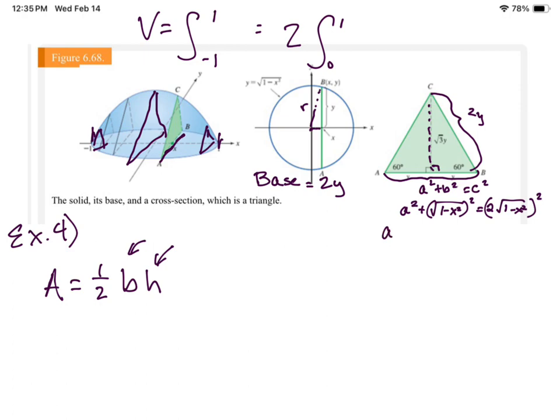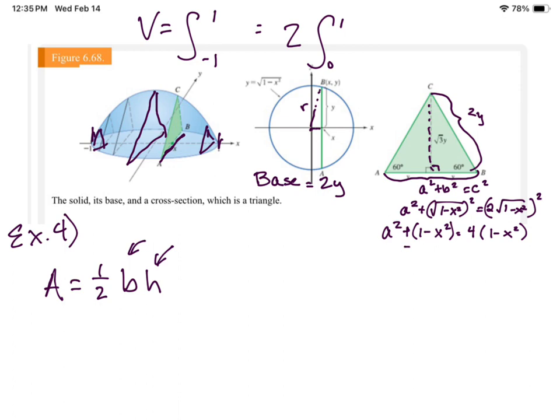So a squared plus (1 minus x squared) equals 4 times (1 minus x squared), right? Let's put parentheses around this so I can treat it like it's a thing, an idea.